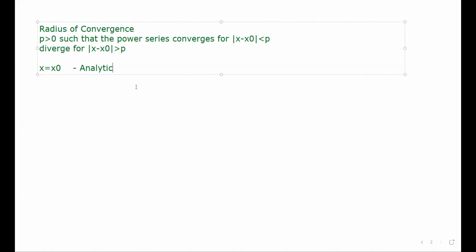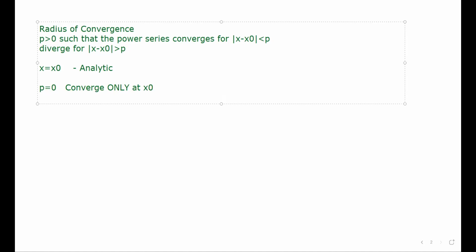And when this happens, actually it's our rho value, it's not really a p. So whenever rho equals 0, that's when it will converge only at x naught. If the only place it converges is where it's analytic, then we say that our rho, our radius of convergence, is going to be 0.